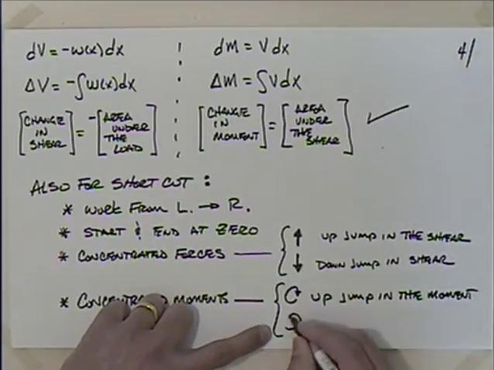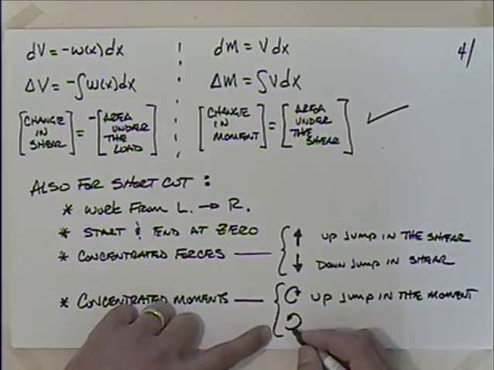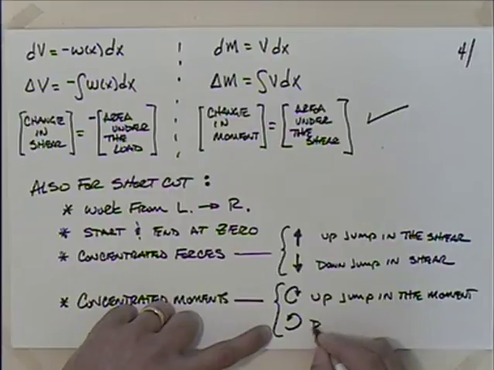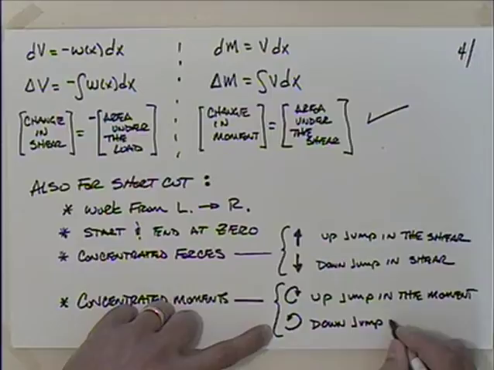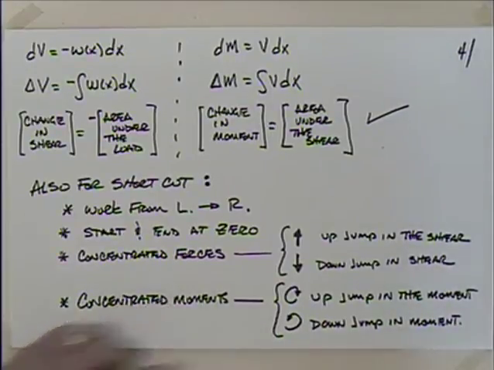If the moment is counterclockwise, we have a downward jump. Okay, so if it's counterclockwise, we have a downward jump. If it's clockwise, we have an upward jump.